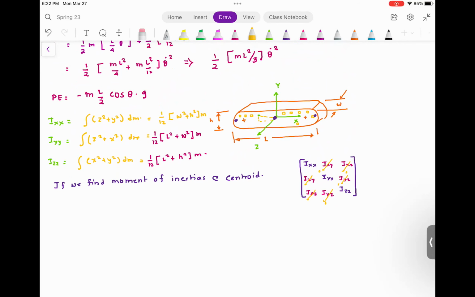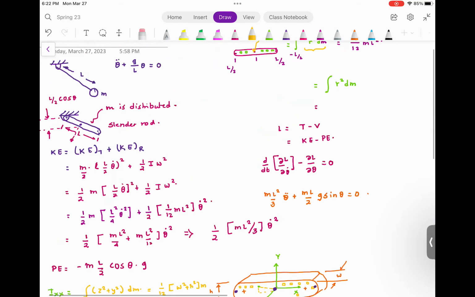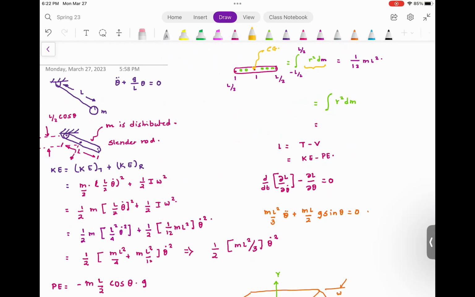That is correct. Now, in this particular expression, this distance is h. So your Izz is actually 1 by 12 m (L square plus h square). But since h is very small compared to L, you ignore this term and call your mass moment of inertia 1 by 12 m L square. Does it make sense?